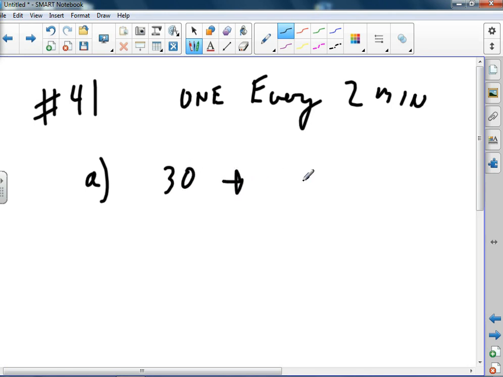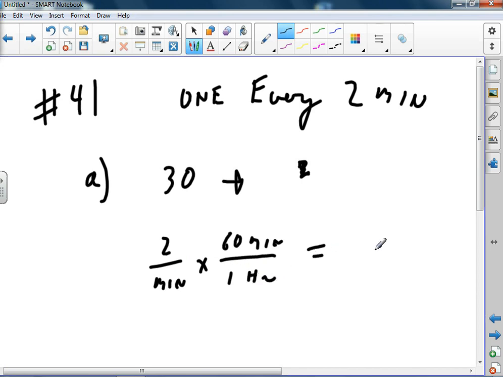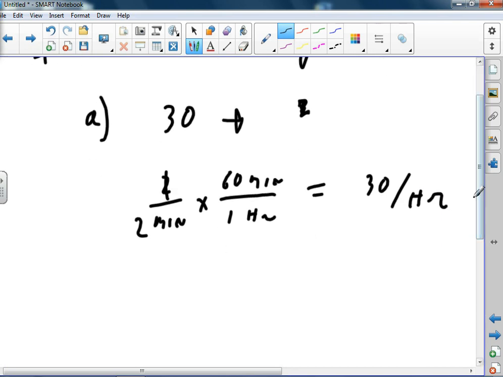Let's say 2 per minute times 60 minutes per 1 hour, 120 per hour? No. It's 1 every 2 minutes, so I divide 2 into 60, and I get 30 every hour. Okay, so I can handle that one.